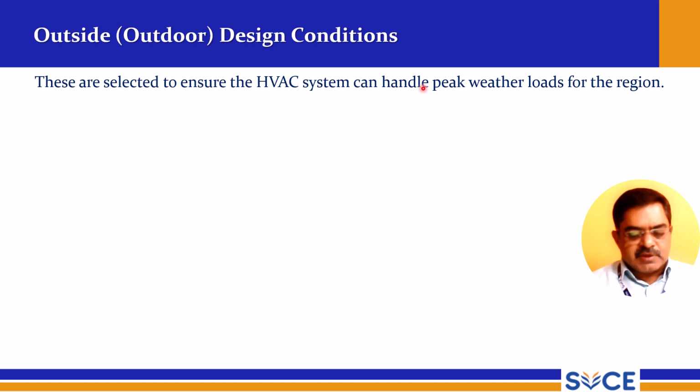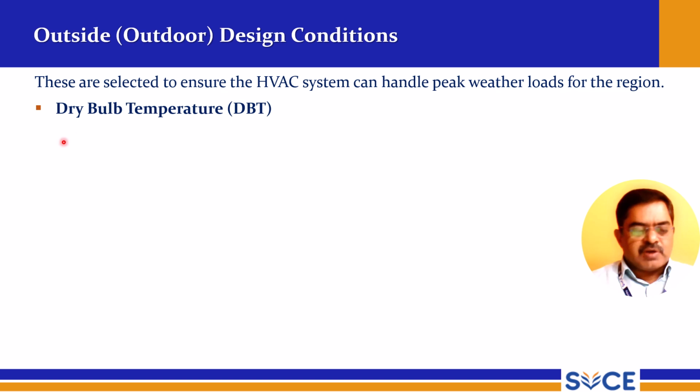That plus 5 degrees will be the tolerance. If we consider the worst scenario, it may be 45 degrees and will not go beyond that, so we design for 45 degrees, and that will be suitable for every household in Chennai. These are selected to ensure the HVAC system can handle peak weather loads for that particular region.